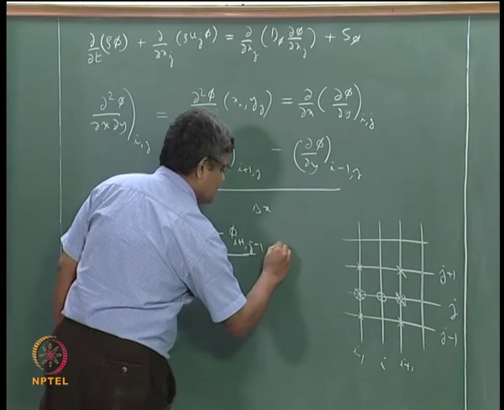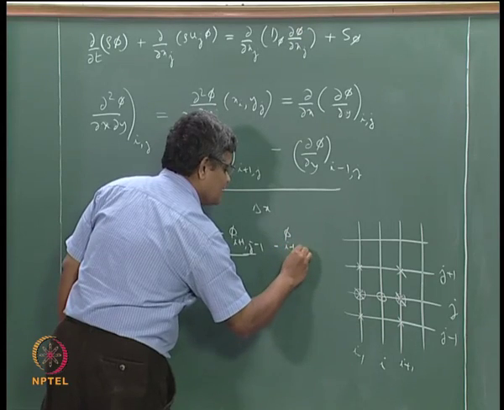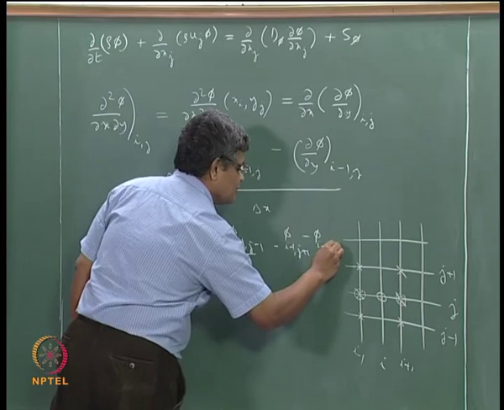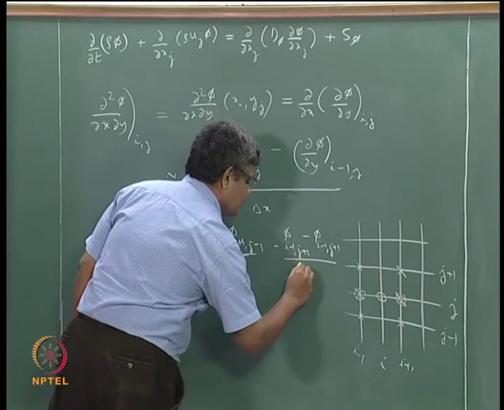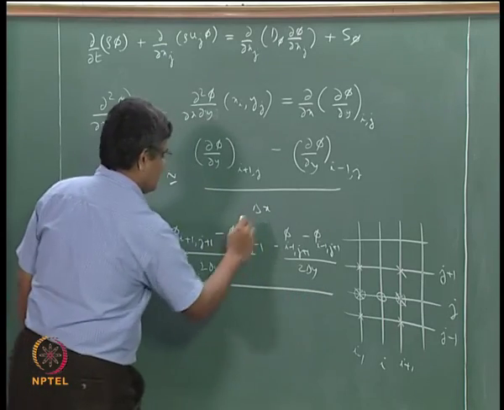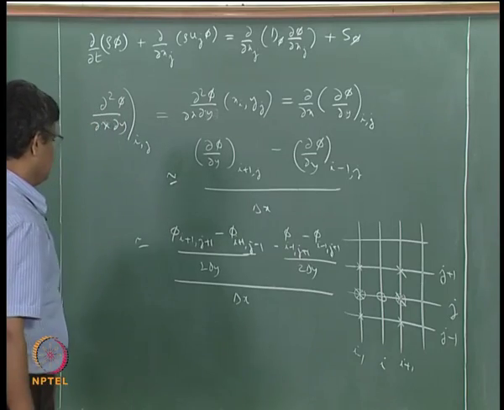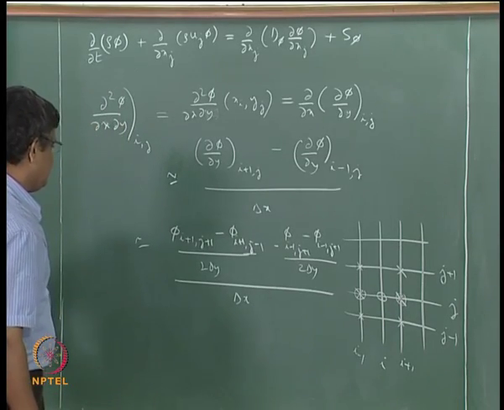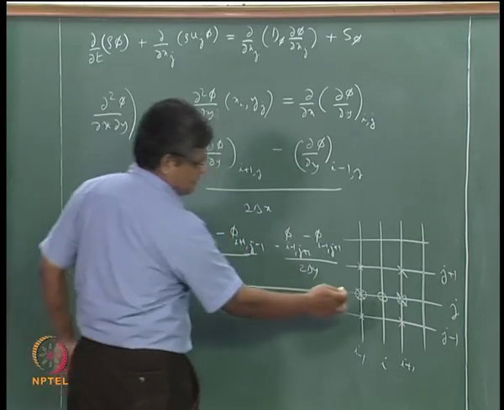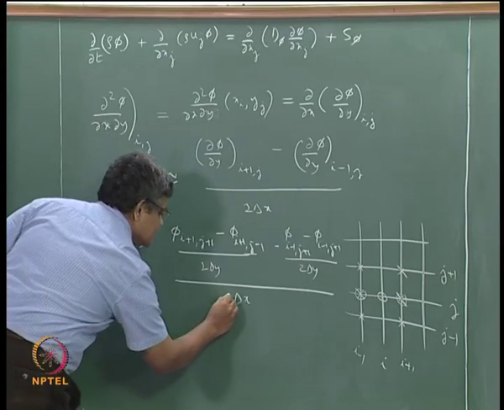So we can write this as minus of phi I minus 1 j plus 1 minus phi I minus 1 j minus 1 divided by 2 delta y, this whole thing divided by delta x. But this whole thing divided by, here it is 2 delta x because the spacing is 2 delta x. So this should be 2 delta x here.